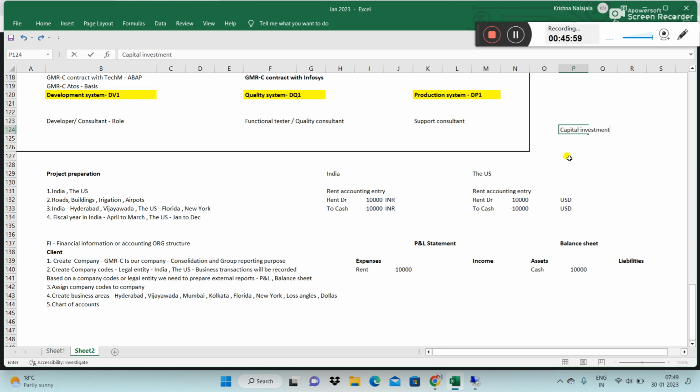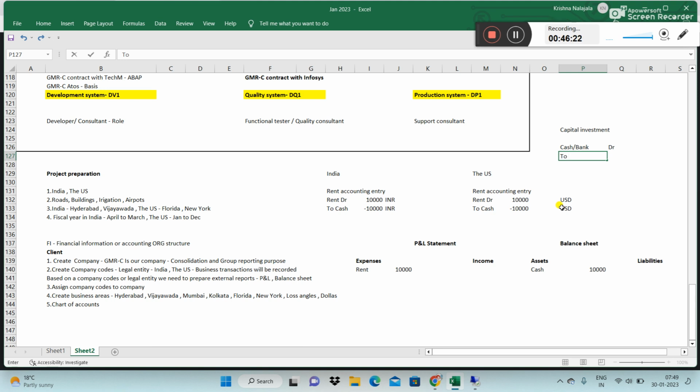Any other entry? Cash or bank? If anybody invests, they'll invest in a bank only. The amount will get credited into your company's current account, bank account. Debit.